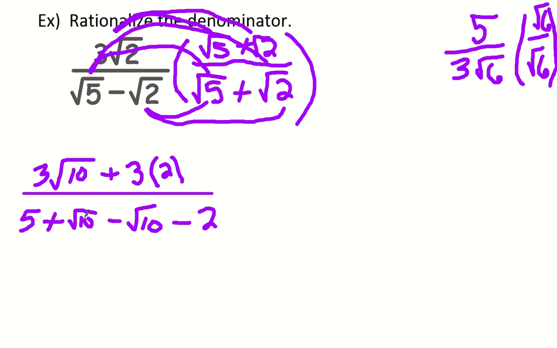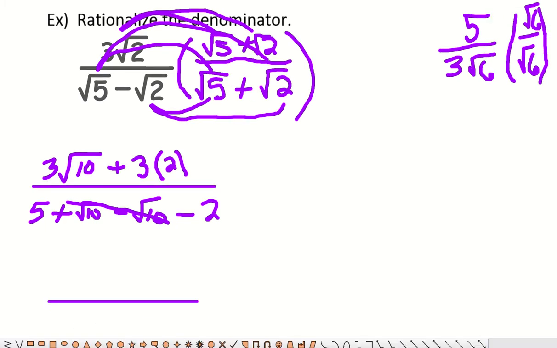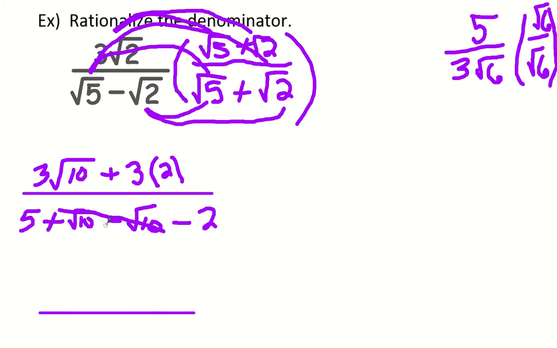You get plus root 10 minus root 10, which cancel out. And then you have a denominator that has no more square roots. This was the only way, basically, to end up with a denominator that didn't have any more square roots.